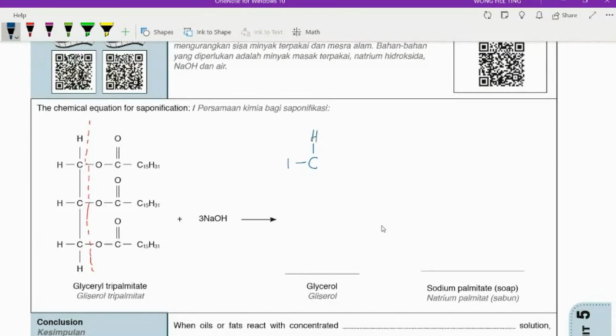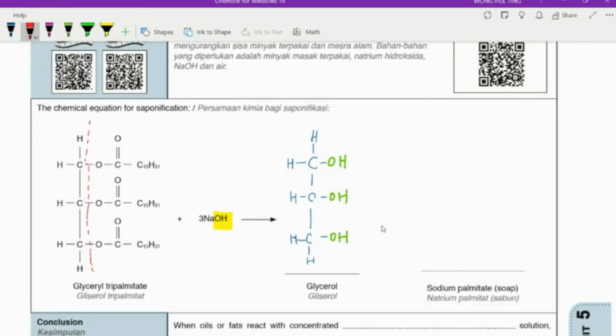So C, H, C. After it's separate, remember you take the OH, right? So OH going in, OH, OH, OH. So this one is called glycerol. Correct or not for glycerol?